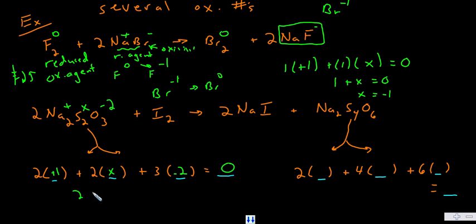So 2 plus 2x minus 6 is equal to 0. So 2x is equal to 6 minus 2, or 4. So x is equal to plus 2. Okay, so that sulfur is plus 2 originally.